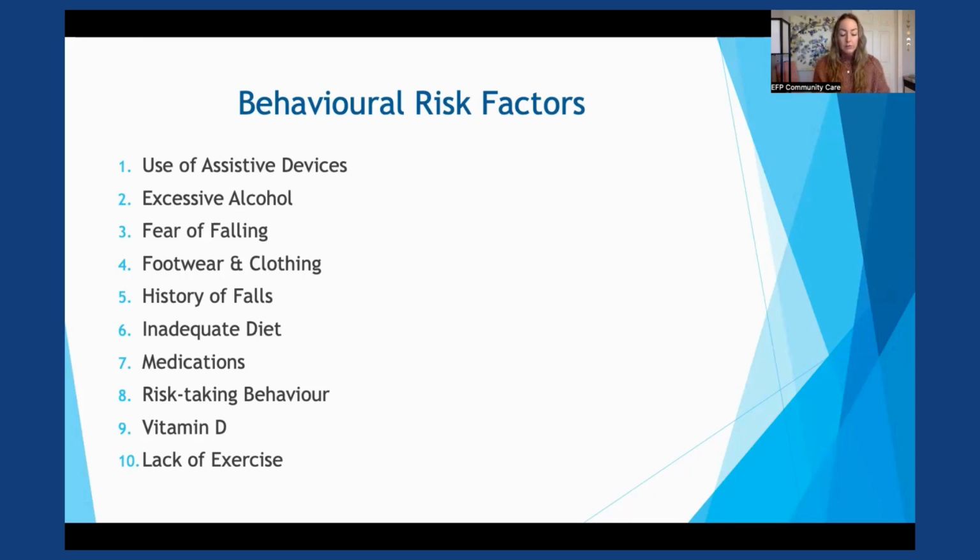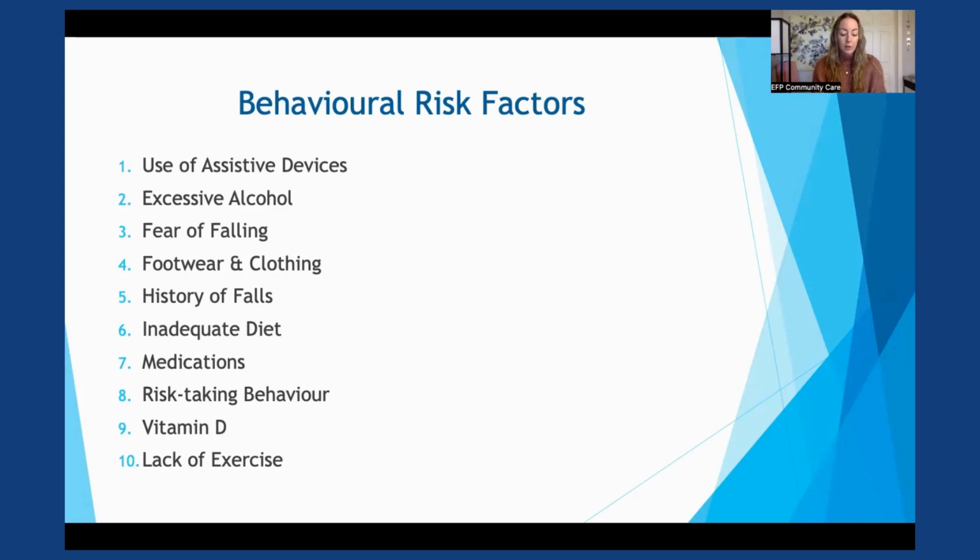It does lead to a decrease in physical activity, which leads to muscle weakness, poor balance, and poor self-reported health. So we want to really prevent falling so we don't have this happen. We're not scared of falling, right? Because we don't really want that to impact us moving and getting the exercise that we need.